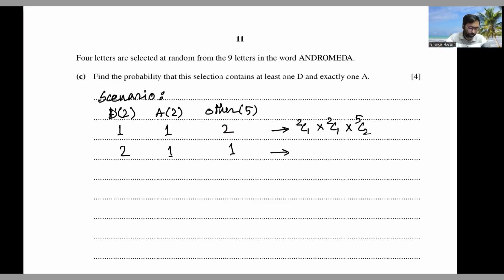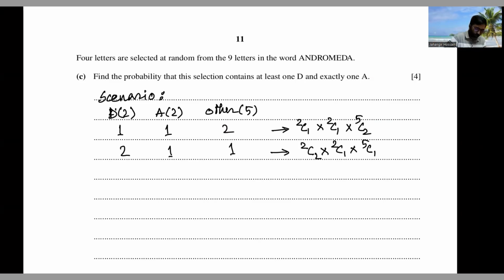And from 2D, select 2D, 2C2. From 2A, select 1A, 2C1, into 5C1, one letter from the 5 different letters. So these are the number of selections where we have at least 1D and exactly 1A.